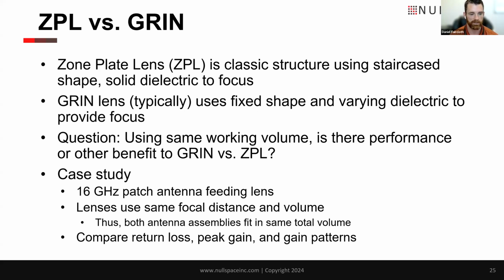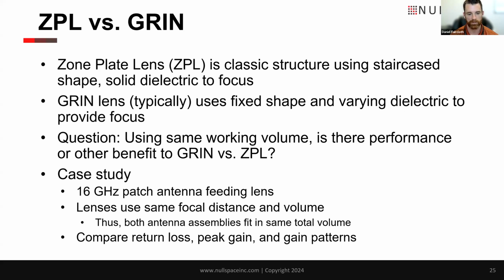So our case study is a 16 gigahertz patch antenna that is illuminating the lens volume. Each of the lenses are designed to use the same focal distance and to occupy the same volume. Thus, the full assembly occupies the same volume, and we feel like this gives you the best comparison, apples to apples.